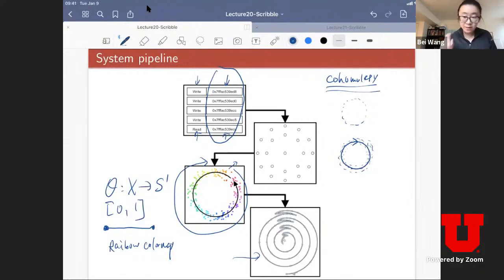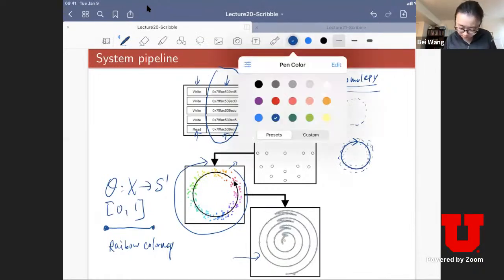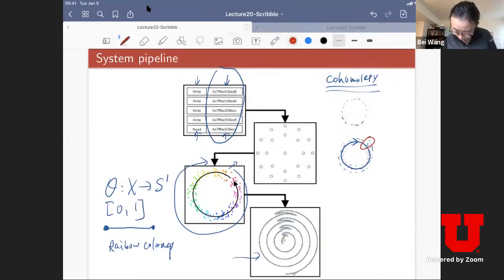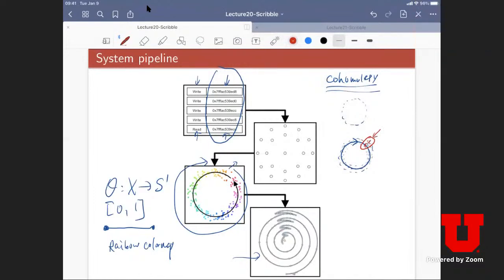But what I would do in this parameterization is, instead of just assigning a parameterization to a subset of points, I'm assigning the parameterization to the entire point cloud, such that, for example, all those points in this area, like I drew here, are roughly at a particular location with respect to the loopy structure, and then they are assigned values of similar ranges. Does that make sense? Yeah. So X is not just a subset, X is the entire point cloud.